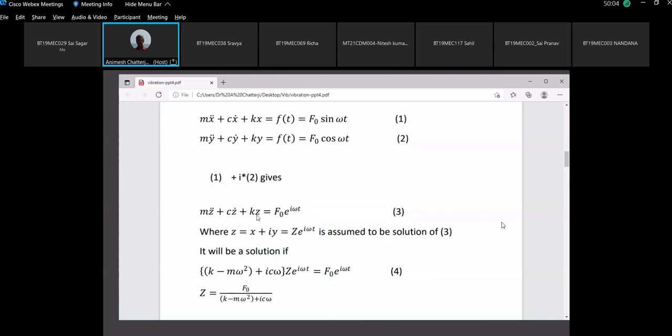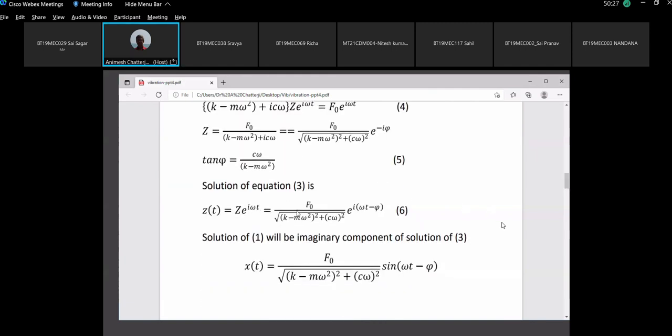So what I am saying is that if I compare this equation with this equation, where f0 sin omega t is the imaginary part of right hand side, then the corresponding response x will be imaginary part of left hand side. So what is imaginary part of Z? If Z is written by this, what will be imaginary part of Z? It will be, you expand it, sine omega t minus phi. So finally, this is our solution.